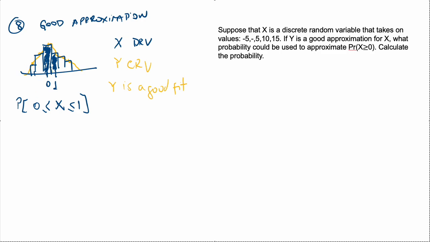But sometimes I don't have these values, so I would have to take just the continuous one and then select an interval that gives me a similar area. Okay? So when we do a good approximation, all we're doing is actually selecting an interval.